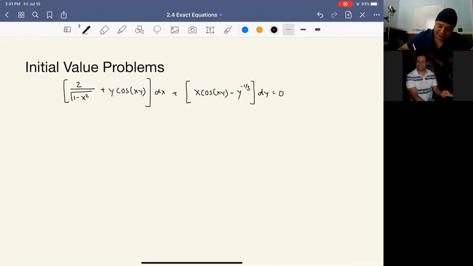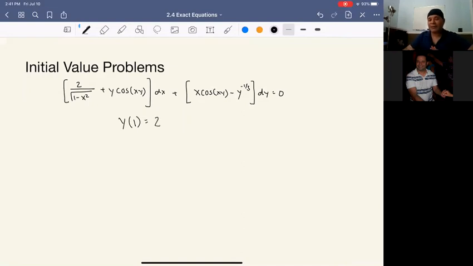And we're going to have the initial condition y of 1 equals 2. I'm actually making this one up.